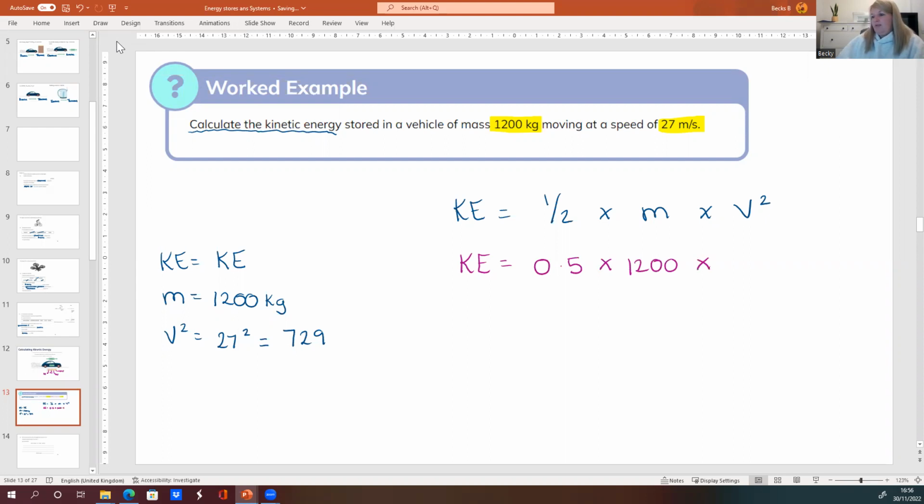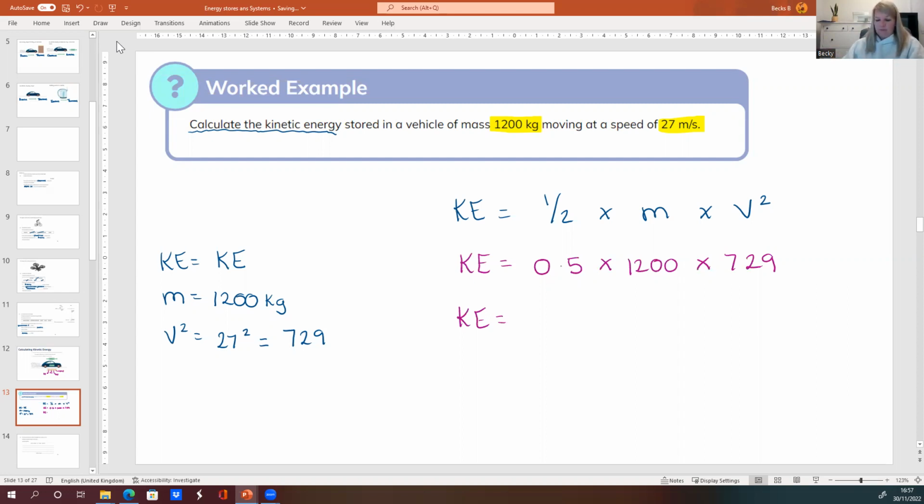So I did my 27 squared, which got me 729. So I can just type that into my calculator. I've done my squaring. Don't need to do anything else with it because this one's nice and straightforward.